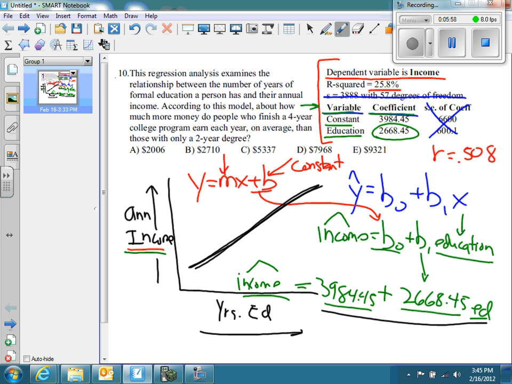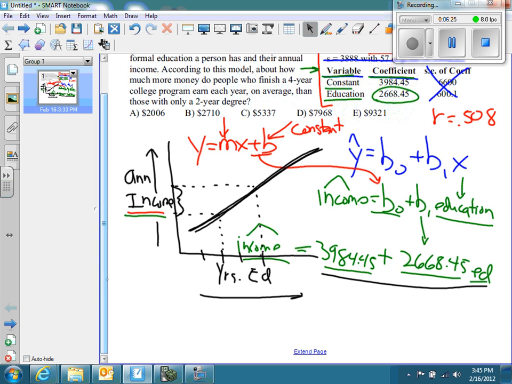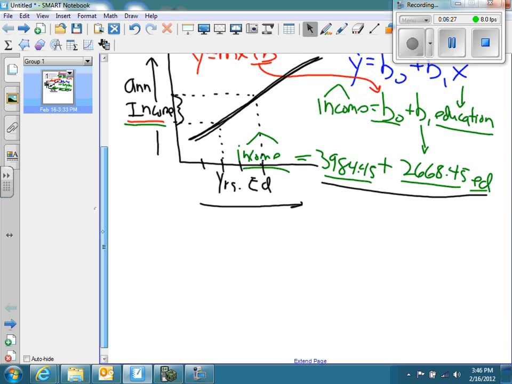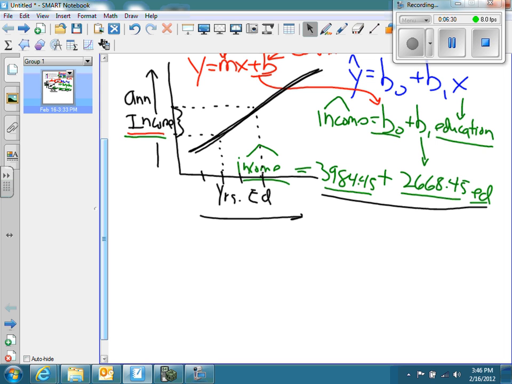If I have 2 years of education and 4 years of education, I want to know the predicted income for 2 years and for 4 years, and then I just subtract the two and take the difference. So let's do the math.